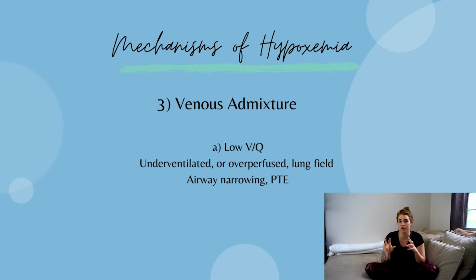Causes of a low ventilation to perfusion ratio are low ventilation or really high perfusion. Examples of that would be airway collapse or a pulmonary thromboembolism. A low ventilation perfusion ratio should respond to oxygen support.